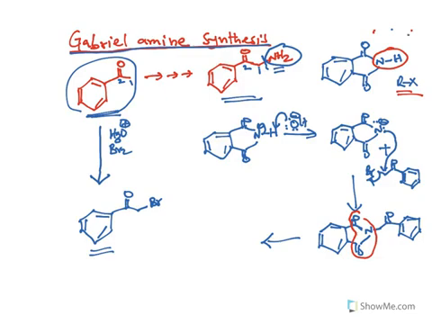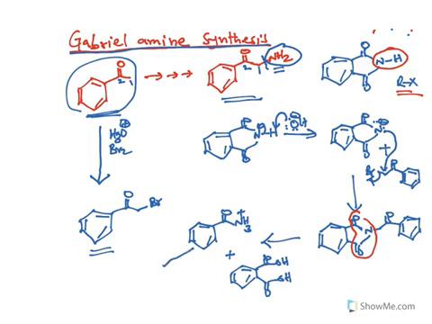So that gives us NH3 plus, and of course plus the carboxylic acid OH, and for this specific one we can now use a base.